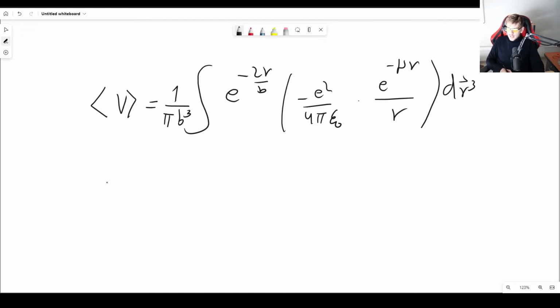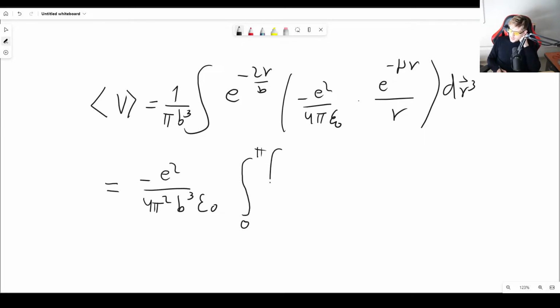So once again, let's choose spherical coordinates. Let's take our constants outside. So we get minus e squared over 4 pi squared b cubed epsilon 0. We considered all of them, right? Yes. And then we integrate from 0 to pi, 0 to 2 pi, 0 to infinity of e to the... Now let's put everything together.